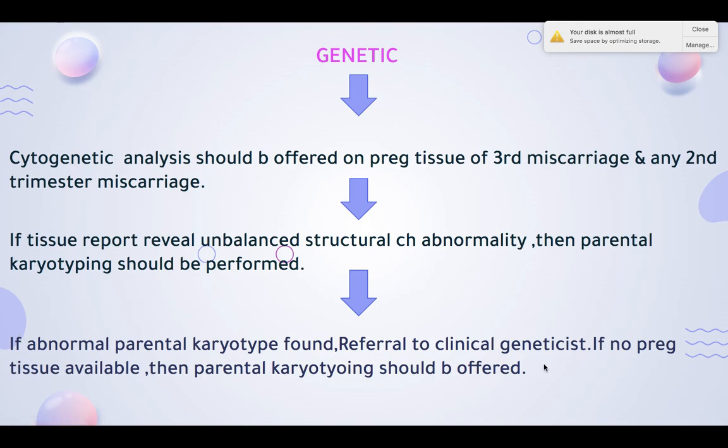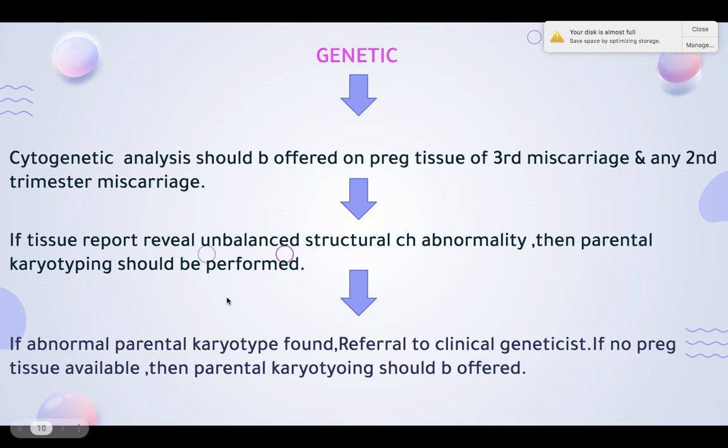Now, one more thing that they have added. In the last guideline, this was the only criteria, the only justification to do the parental karyotyping. Now they have added any second trimester miscarriage. Second thing they have added: if abnormal parental karyotyping is found, referral to the clinical geneticist will be done.